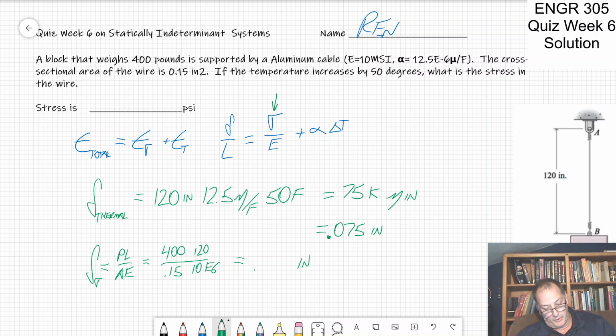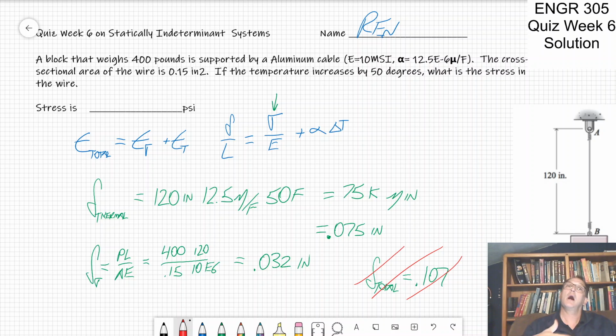And I got that as 0.032. But you can see I don't have that much to give. That would give me then my delta total would be equal to 0.107, and I can't have that because that's too much. That's too much force pulling the cable to get it to stretch.